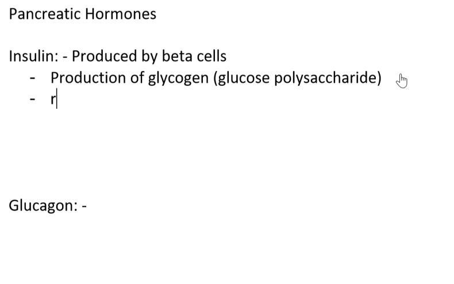Insulin also reduces, let's see, when insulin is released by the pancreas, when is it released? When you finished eating, right? So when you finished eating, you have a lot of energy that's just sitting there. So you don't need to use stored energy.